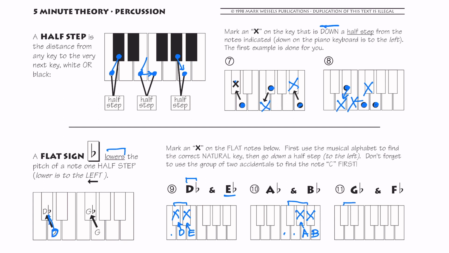Okay, 2 accidentals or 3. If I know my F home key, F is here, G is here, so G flat is there. Here's my F. Where's F flat? It's not down here, it's right here. It's just the very next note when there is no accidental in between.